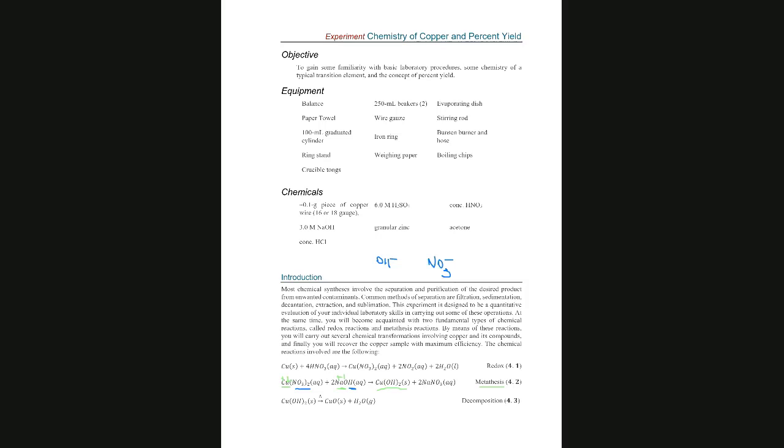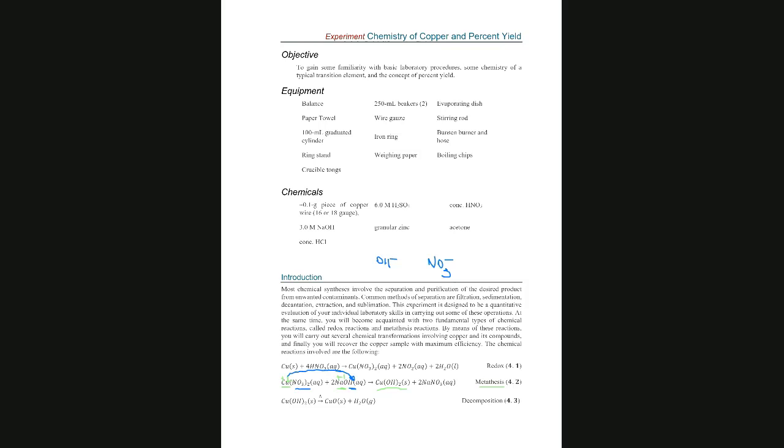So the copper that was with the nitrate is going to switch places and combine with the OH, and the nitrate is going to combine with the sodium. That's why this reaction is a metathesis or double replacement.